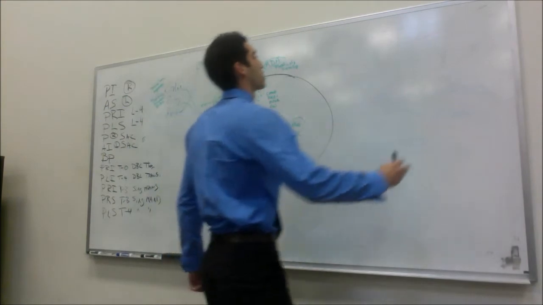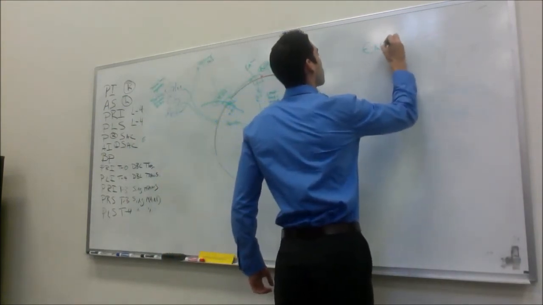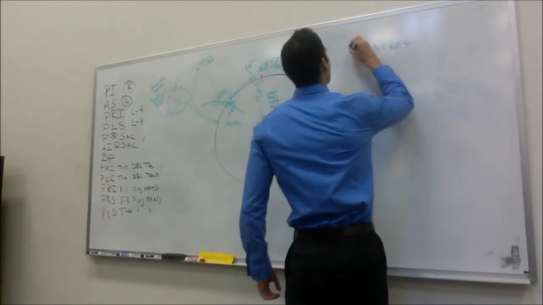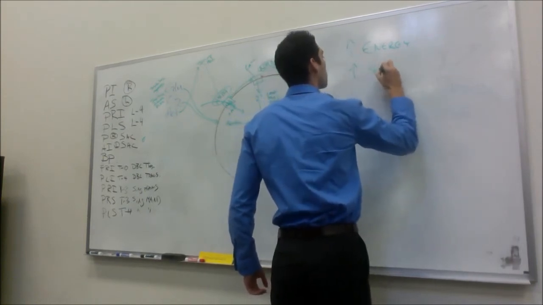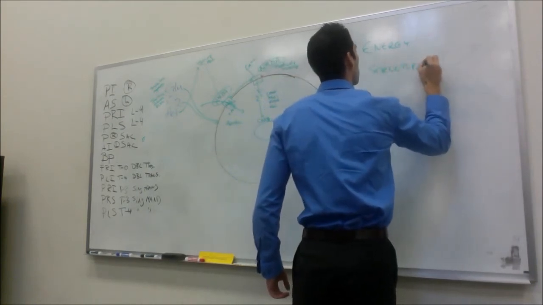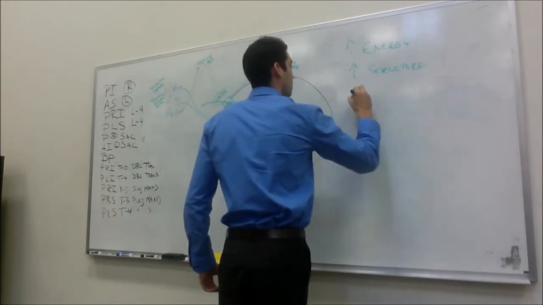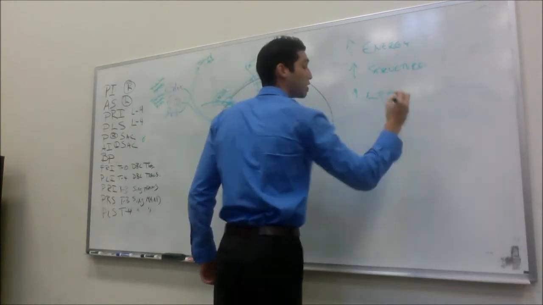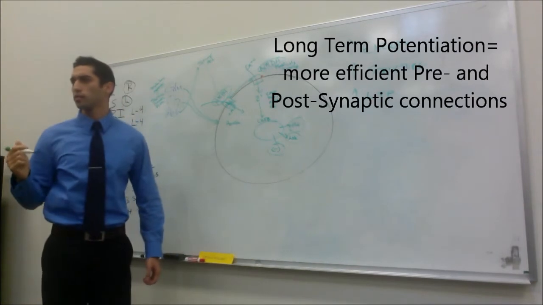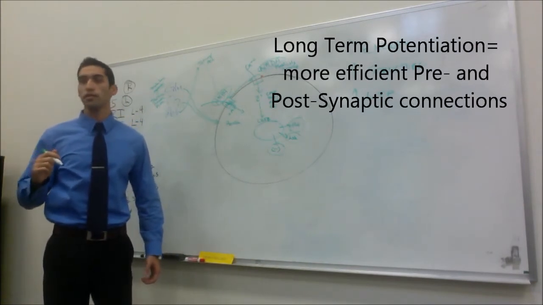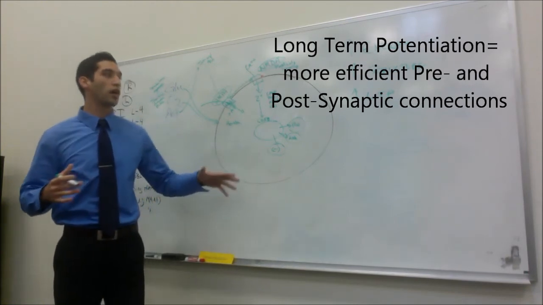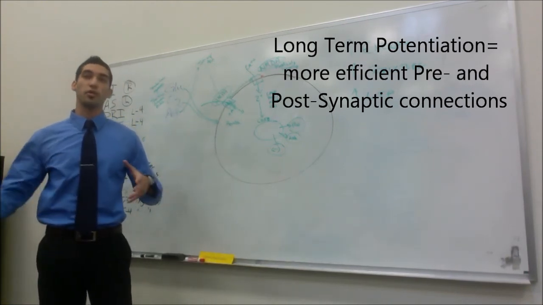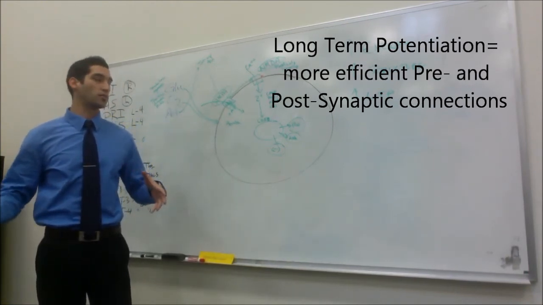Let's just write this down. So energy, it's understood. So increase absorption. We're also going to have what's called long-term potentiation. Has he gone over long-term potentiation with you guys? Okay, all that means is that you're creating a nerve environment, presynaptically and post, that is more efficient.